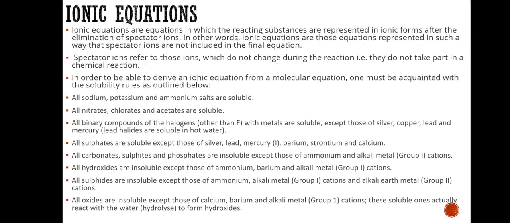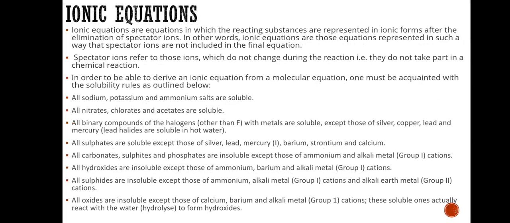All carbonates, sulfates and phosphates are insoluble except those of ammonium and the alkali metals, that is group 1 cations. All hydroxides are insoluble except those of ammonium, barium and the alkali metals, that is group 1 cations. All sulfates are insoluble except those of ammonium, alkali metal cations and the alkaline earth metals.